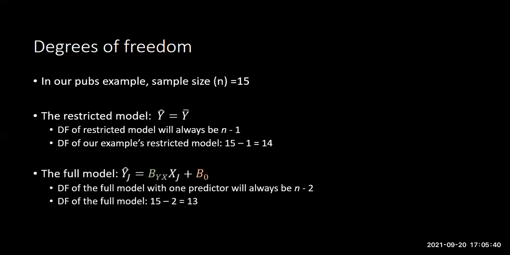Now in my full model, if I only have one predictor in my full model, it will always be n minus 2 because I have a slope and an intercept. Those are the only two things I'm using in this model. If I add more and more stuff, then my degrees of freedom get smaller and smaller. So the degrees of freedom for my full model here is 15 minus 2, which equals 13.